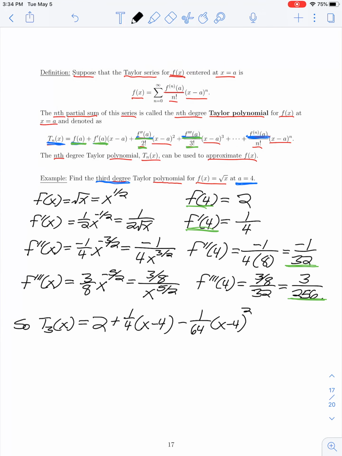To show my work a little bit, I would have 3 over 256 over 3 factorial, which is 3 times 2 times 1, times my (x minus 4) to the third power. So to simplify this last coefficient, let's see what we have here.